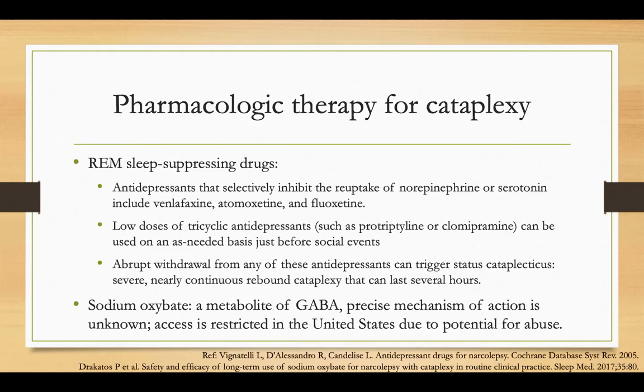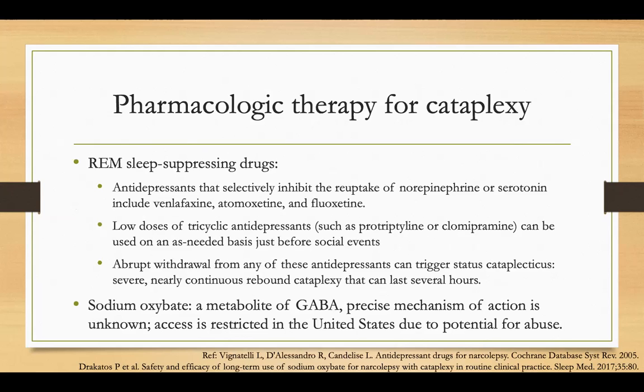For cataplexy, there are REM sleep suppressing drugs, mostly antidepressants. Those can selectively inhibit the reuptake of norepinephrine or serotonin, and venlafaxine, atomoxetine, and fluoxetine are usually used.